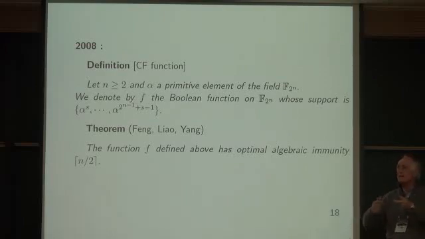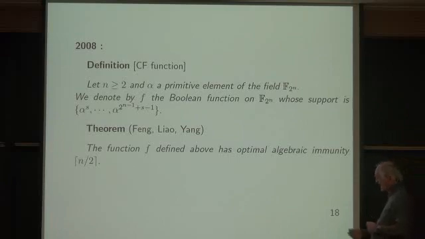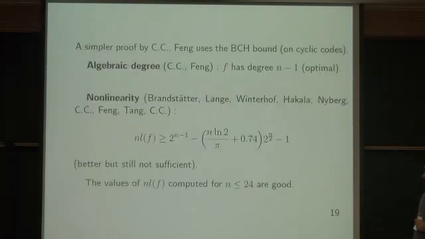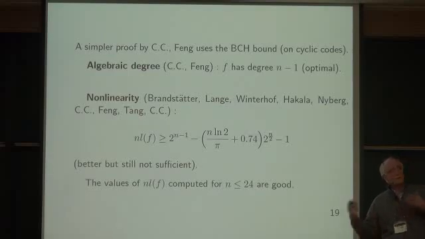That the BCH bound gives the direct solution to the problem. And in addition, this function had good properties. It has optimal algebraic immunity thanks to the BCH bound. It has high algebraic degree, n minus 1, so you consider the univariate representation, you study the maximum 2-weight of the exponents with non-zero coefficients, and you get n minus 1, very good.